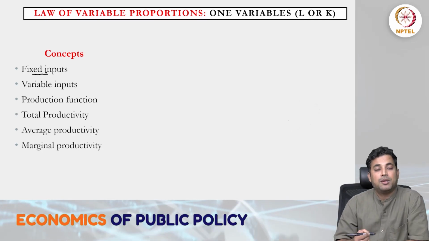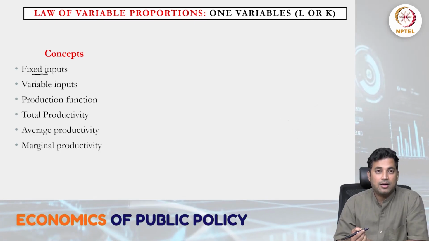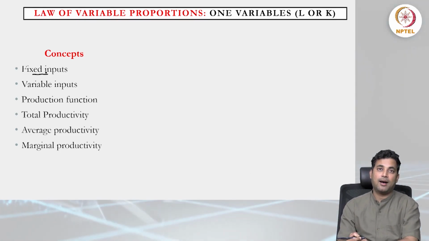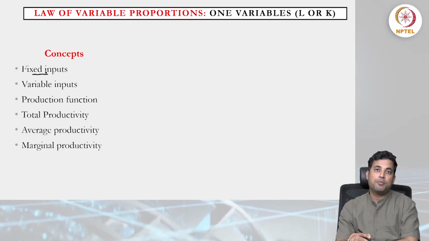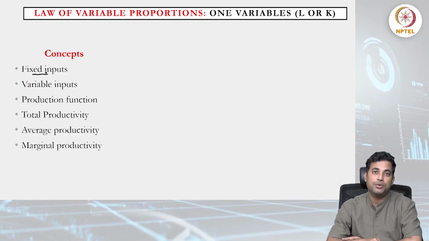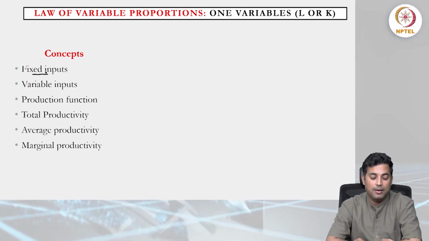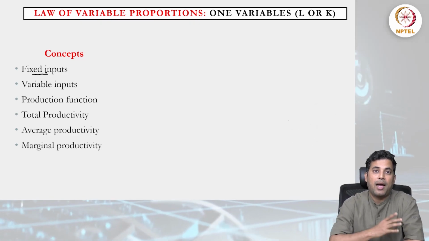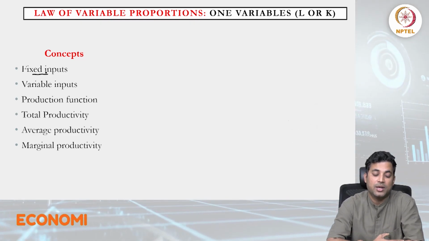A couple of inputs in the production function will be fixed, and a couple of inputs, for instance labor and capital, are variable inputs. In one of our previous lectures we already showed you how farms and households are interrelated, especially with regard to macro national income equations.